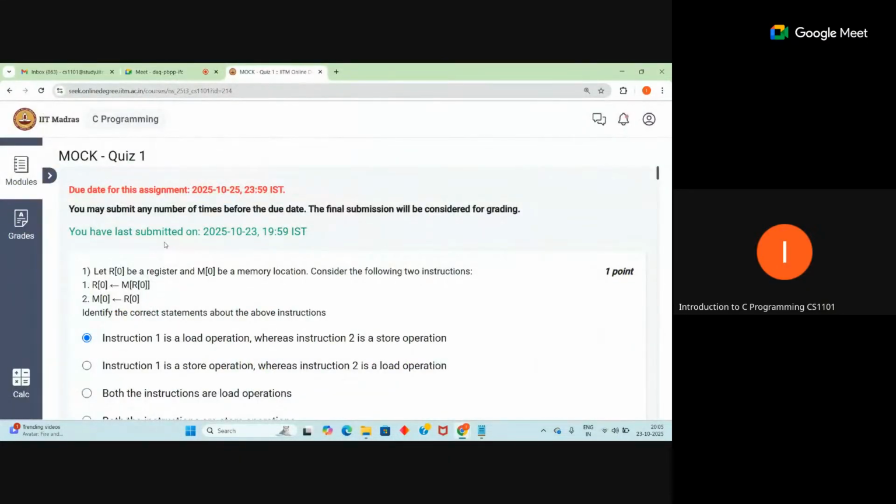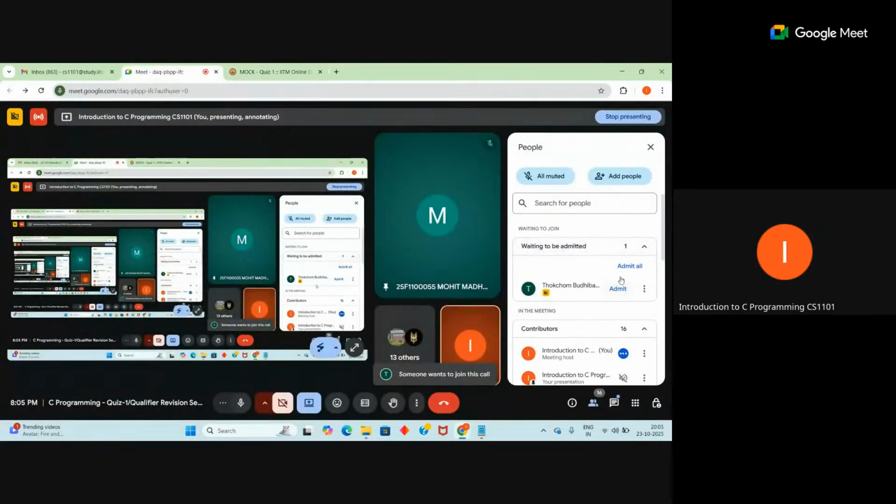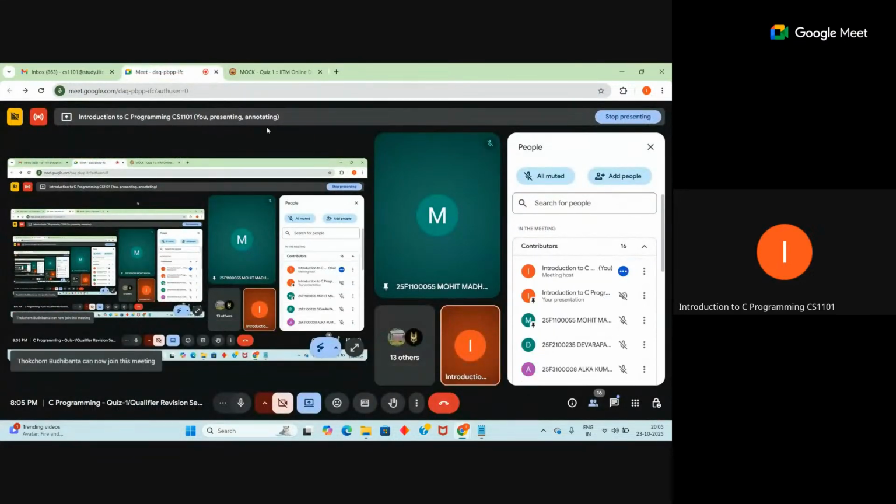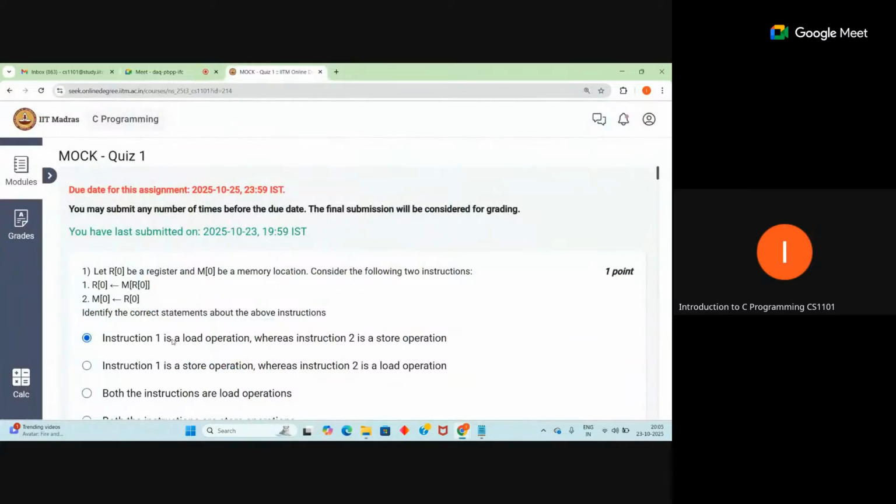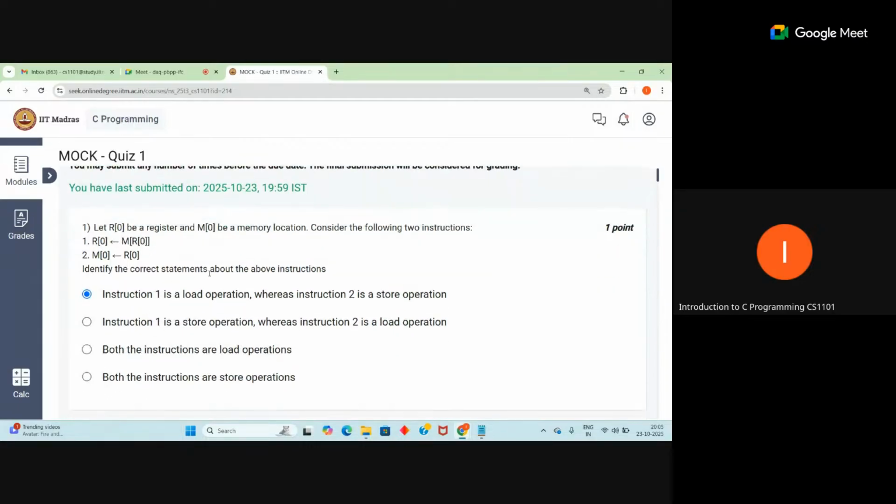And the second copies the contents of R0 to M0. Identify the correct statements about the above instructions.